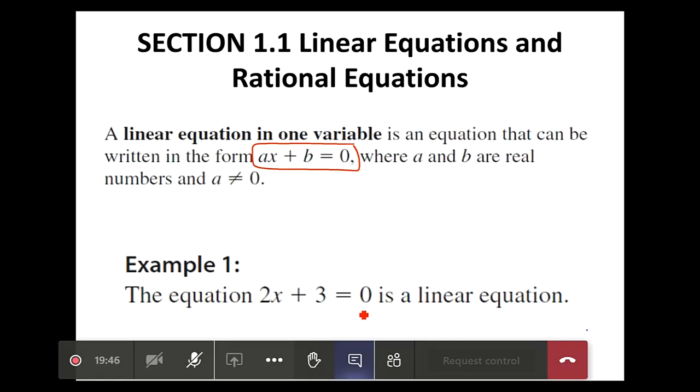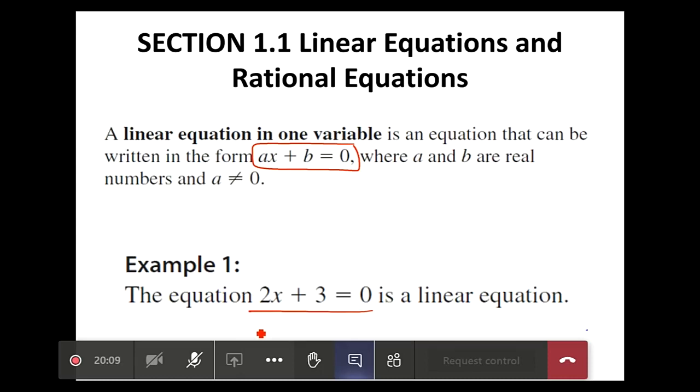For example, look at this. This is a linear equation. Why? Because the maximum power of x equals 1, and we don't have x inside a radical, or x in denominators, or x in a logarithm, and so on. So how can we solve it?